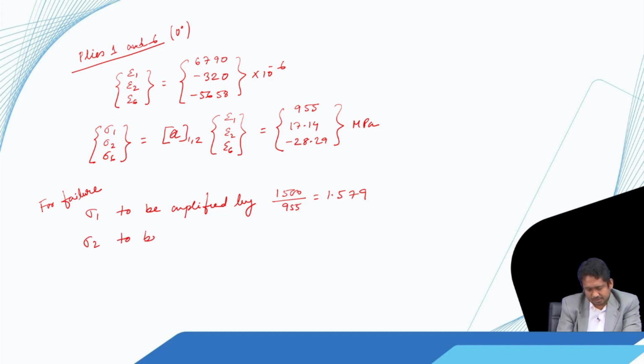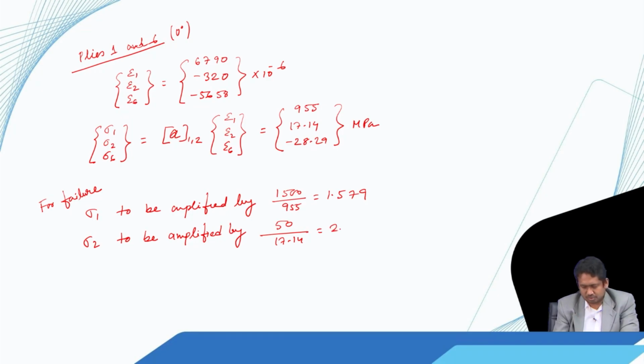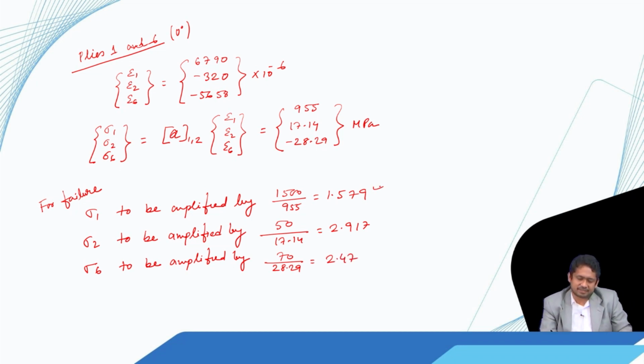Sigma 2 is amplified by a factor 50 by 17.14, which is 2.917, and sigma 6 is amplified by a factor that is 70 by 28.29, and that factor is 2.47. So, we can see that this is the lowest factor.